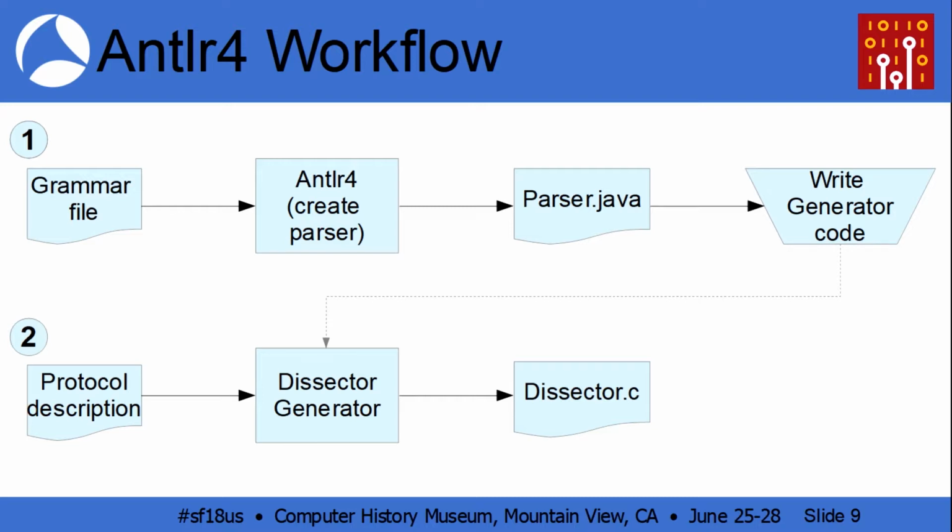And what I've found is ANTLR is actually quite nice because it's relatively easy to go around this loop here. When you say, oh, damn, I've made a mistake in the grammar, I need to modify the grammar to handle this new feature or what have you.